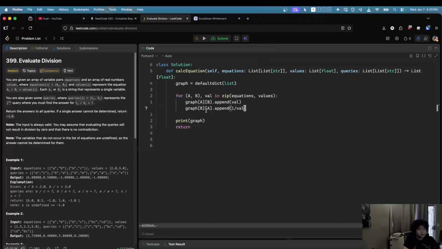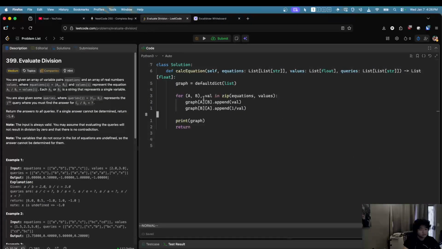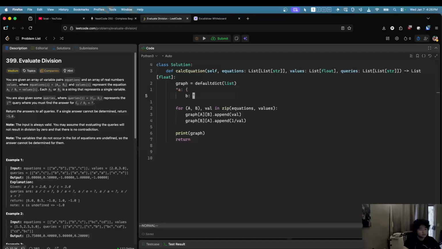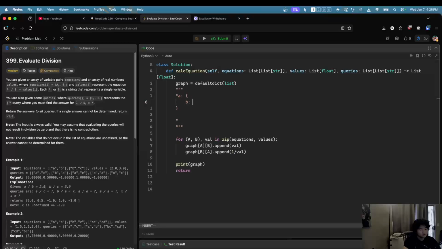Should it be like... Wait, why am I... Okay, no, I should have a dictionary. Because I basically want like A, then to B, to... Like I want something like this. Like A to B to the value, which is val. And A could have another one like C here, which is like, I don't know, 2 or something.